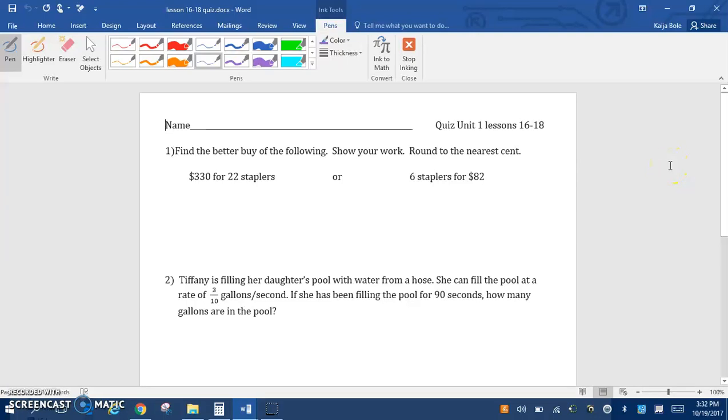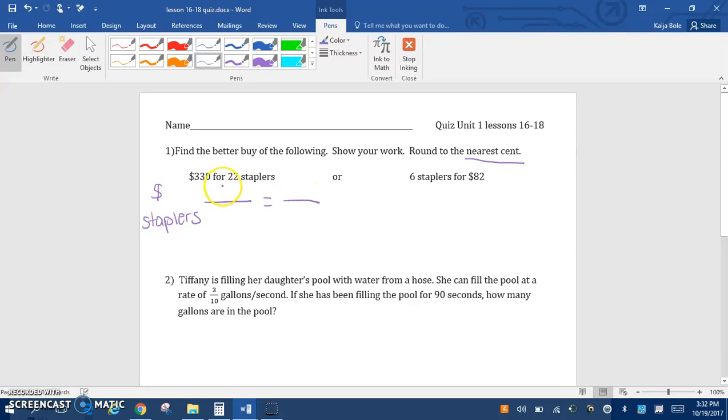Alright, here we are for the quiz corrections for the lesson 16 through 18 quiz. So number 1 says find the better buy of the following, show your work, round to the nearest cent. So first we have $330 for 22 staplers. So I'm comparing money to staplers. So I'm going to set up my standard algorithm.